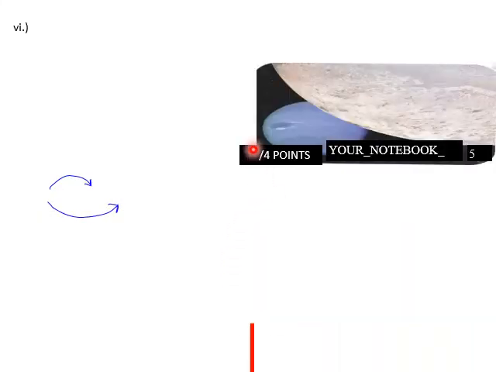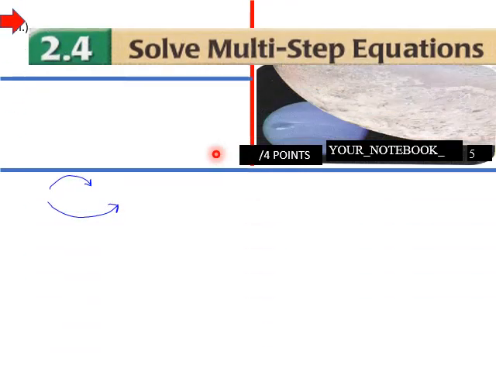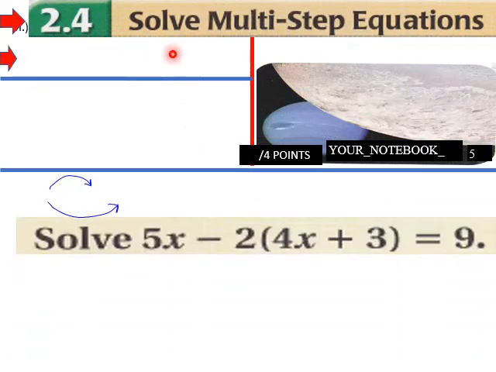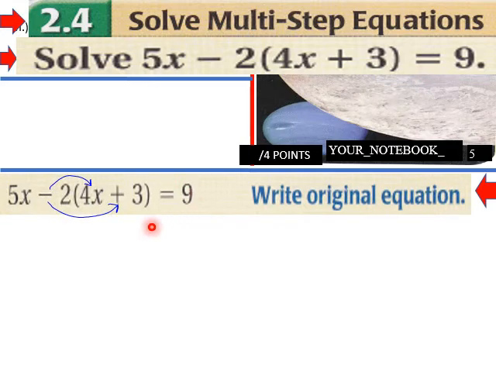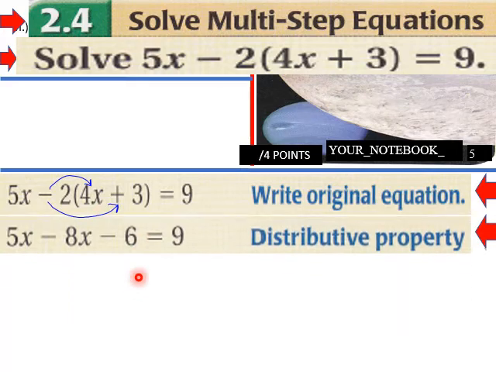Guided practice. Let's go into page 5, which is another notebook entry, 2.4, solve multi-step equations. So we have 5x minus 2 times the quantity 4x plus 3 equals 9. What do we do here? We have to distribute our multiplication through our parentheses. 5x minus 2 times 4x plus 2 times 3 equals 9.